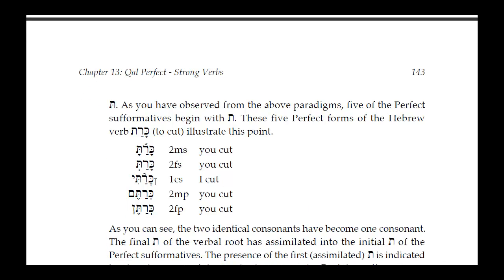Also, you have karati here. So you have basically the tav, the hireq yod, which is the sufformative, and the tav is part of the root here. And karatem and karaten. So those five are the ones that begin with the tav for the sufformative ending here.